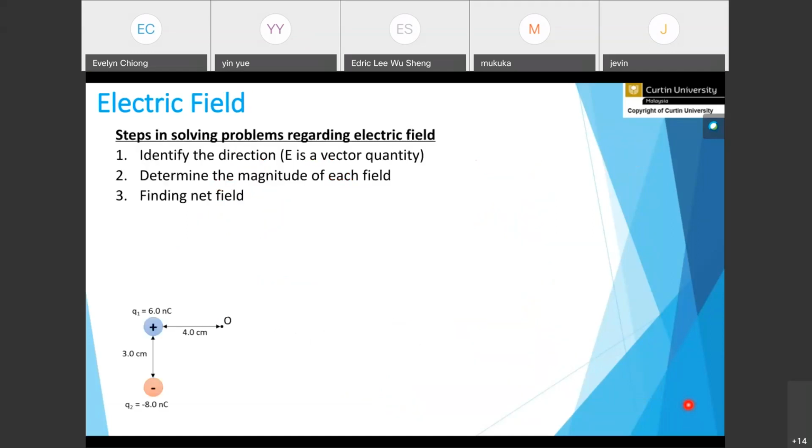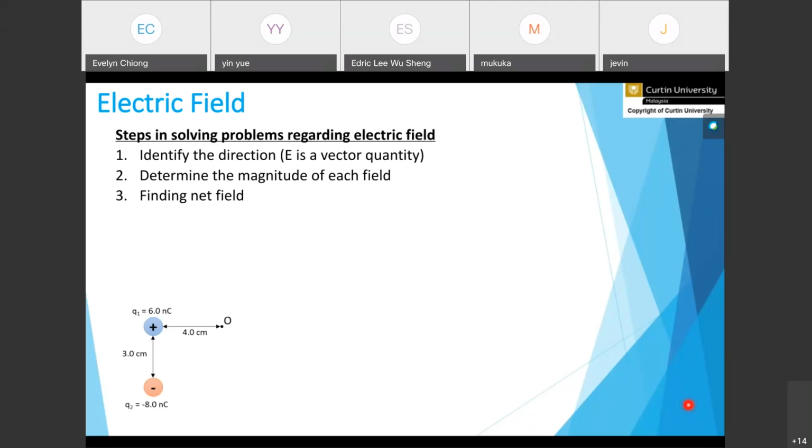Okay, so now we want to solve for electric field. Still the same question, still the same diagram, but now we want to calculate the electric field. First you determine the direction, but when we are calculating the electric field, do not include the positive or negative sign, just calculate the magnitude.